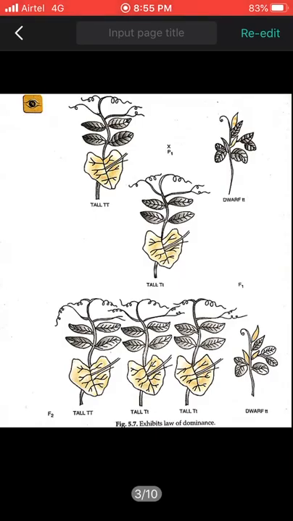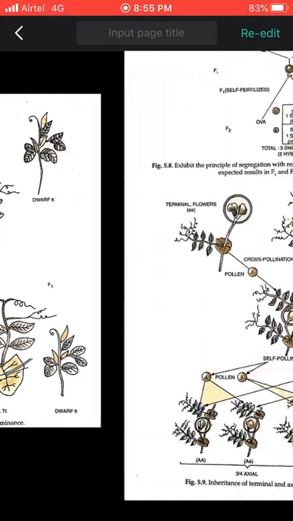The last one has only small t. Small t stands for dwarf and capital T stands for tall. So wherever capital T is there, the plant looks tall. Capital letter exhibits the dominant character, so if the dominant character is there, the plant shows the dominant trait. This is the law of dominance.